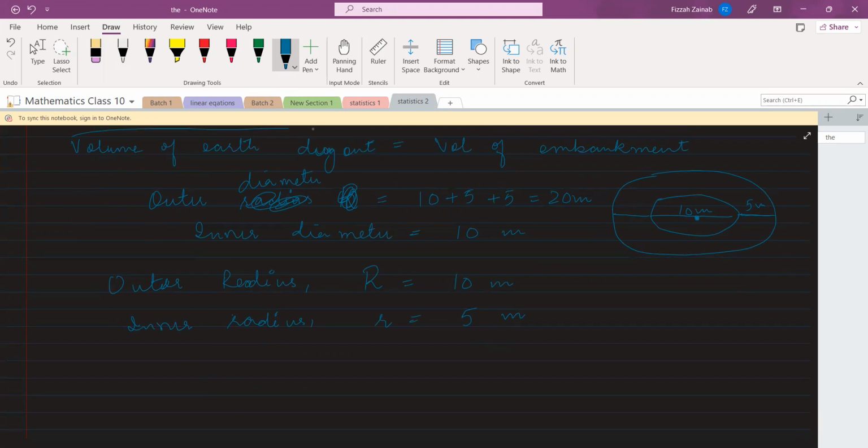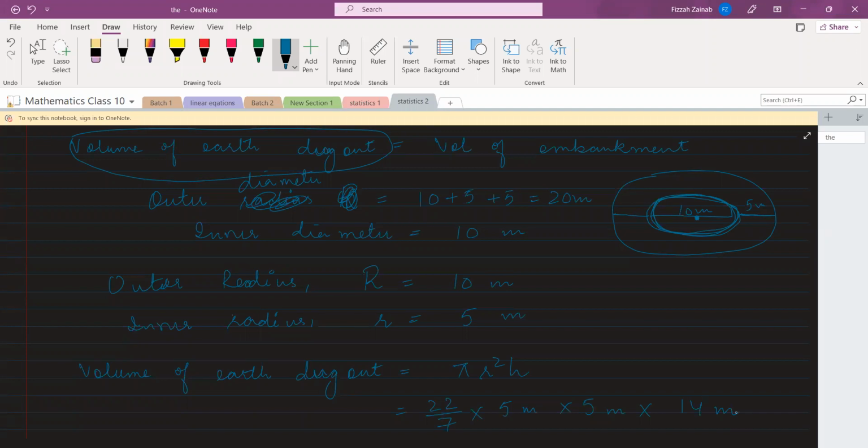So first of all, let us find this left hand side, volume of earth dug out. So this is pi r square h, isn't it, Martin? Cylinder. So 22 divided by 7. And inner radius, because inner is actually the well, so we are using the radius of the well here. So this is 5 meter into 5 meter, and height is 14 meter.